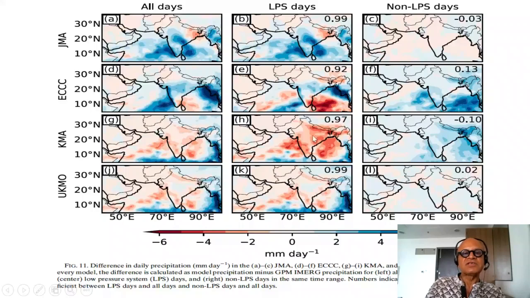Okay, but you can see that the patterns, the differences in rainfall for all days and 0 to 3 days and 12 to 15 days are not so systematic.